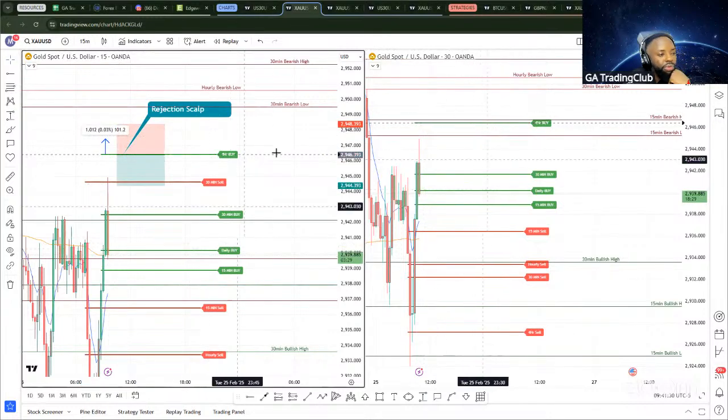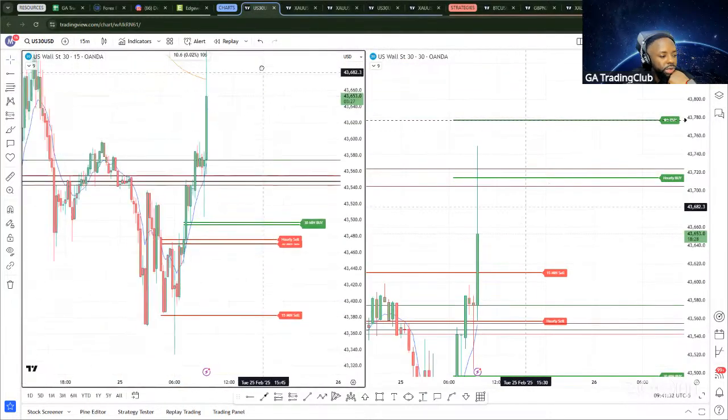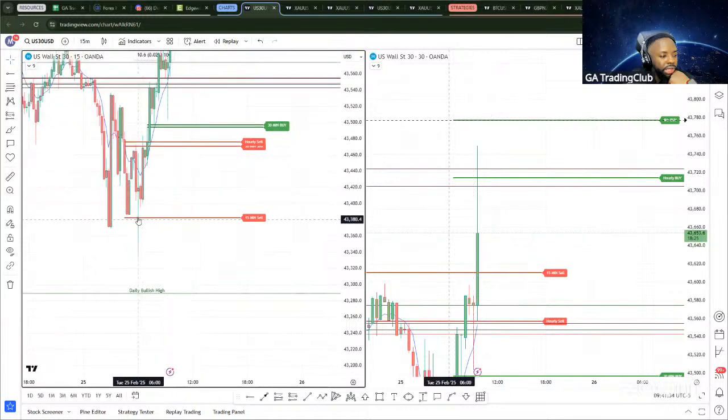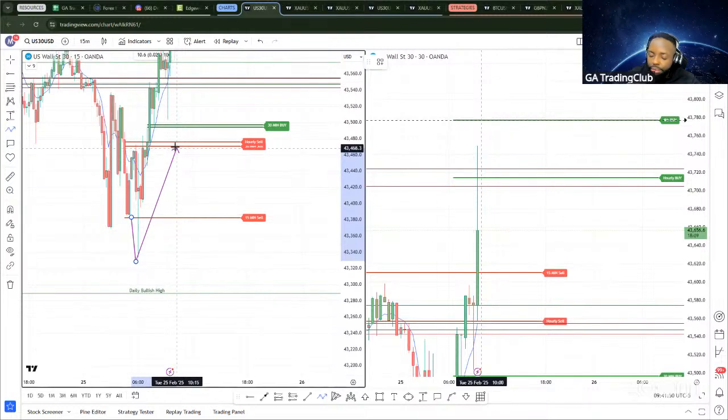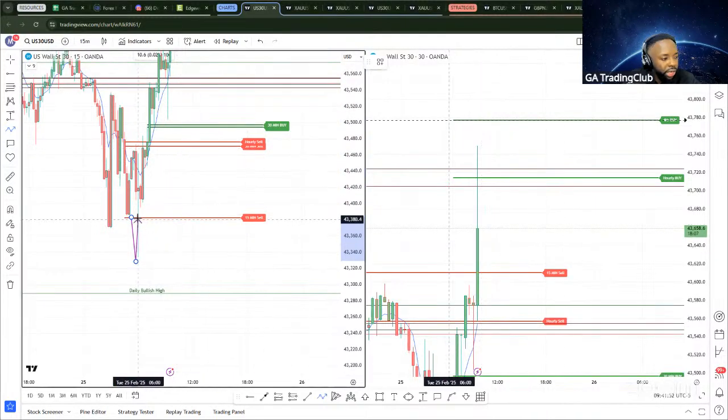A good example of this is what happened this morning here, something like this, right? When price broke down below this rejection level, on US 30, you wait for that 10-point drop below that zone, and then you go back up, right? You set a pending order here.